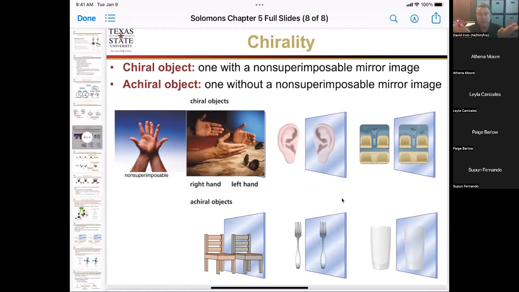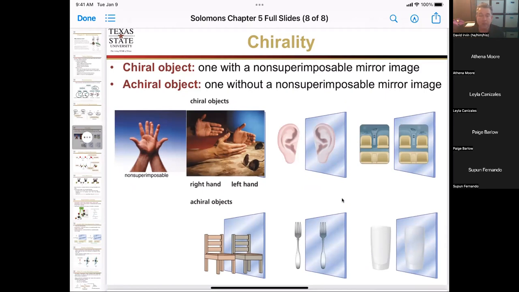But if you try to put them overlapping together in the same orientation, with both of the backs facing you and the fronts facing me, they do not overlap. They are not superimposable. They look different. They are mirror images of each other, but are non-superimposable. That's what chiral means. Chiral means anything that is a non-superimposable mirror image of itself.